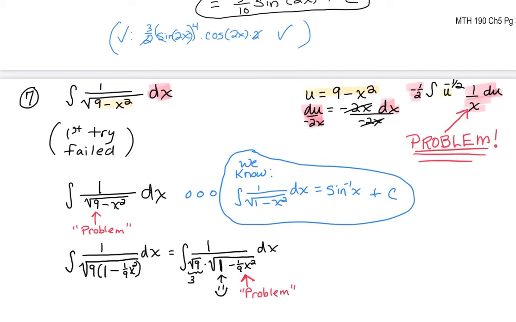But this is really the inside. This is in a location that's the inside of this original antiderivative function that we know.